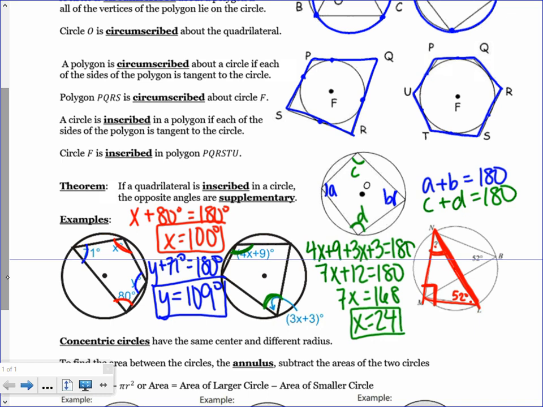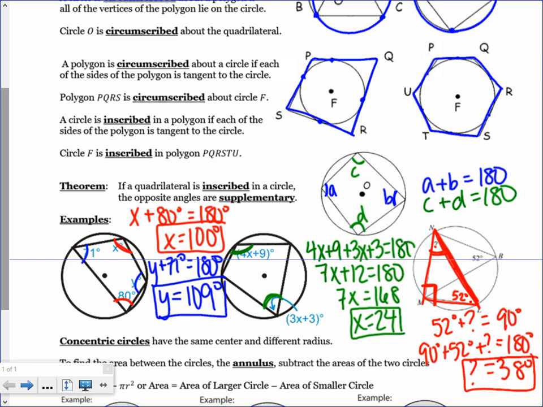They have to add up to equal 90, or you know that all three of them are supplementary. So if you say 52 plus question mark equals, not 180, 90, or you can say 90 plus 52 plus question mark equals 180. Either way, you get that question mark is 38 degrees.